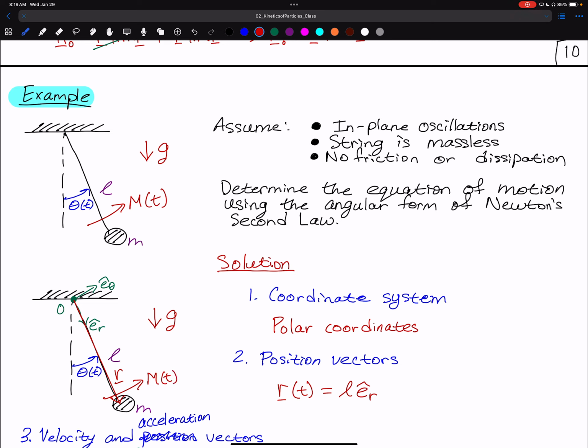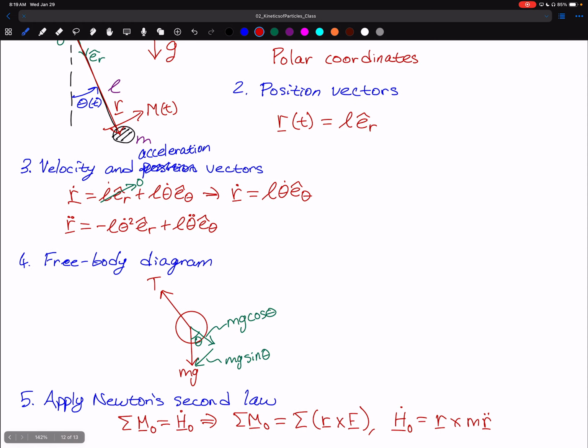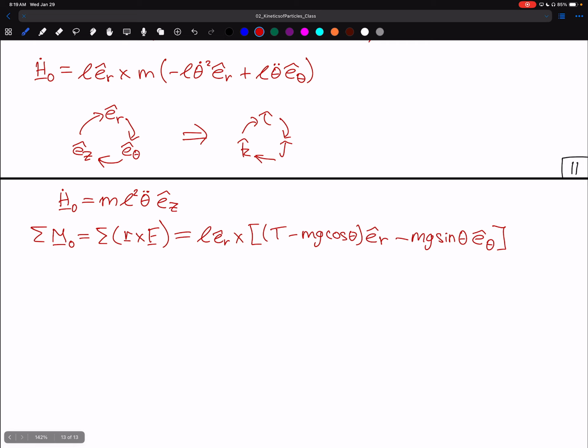And you can imagine that there's like a motor or something at the origin driving this pendulum, and that's what's creating this moment. Or there's maybe some external wind force or something causing this thing to move. Or maybe the platform that it's connected to itself is doing something weird. So in that case, the moment acts in the e hat z direction because it's rotating about the e hat z direction. So we're going to add in here our moment, m of t e hat z.